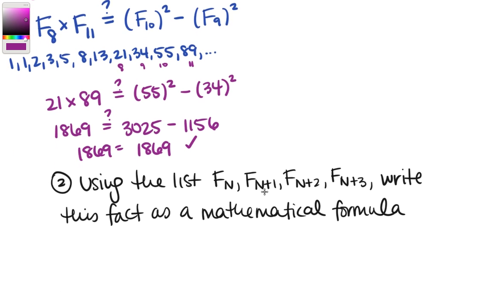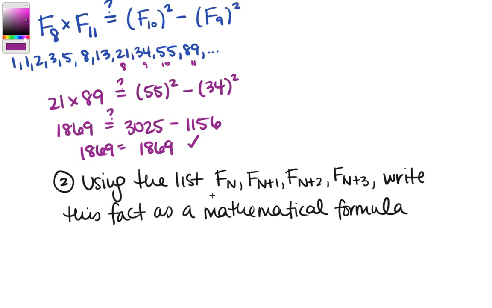Okay, now we want to use the general list, right? Fn, Fn plus 1, Fn plus 2, Fn plus 3, and write this fact as a mathematical formula. So all we're going to do is the same thing we did up here, right? The first one times the fourth one, only now instead of specific numbers like 8 and 11, we just have a general, well, it's in the nth spot in the sequence and the n plus third spot in the sequence.